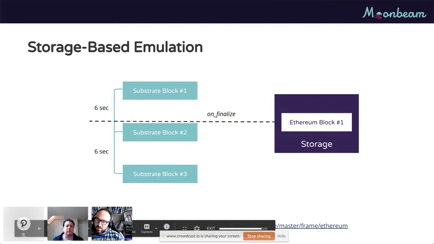At that particular moment, we grab all the pending transactions that happened from block 1 to block 2, and we create and store a structure that follows the Ethereum specification. That's why the Frontier project is now able to query the Substrate storage by, for example, an H160 encoded hash that happens to be the Ethereum hash, and get the expected response, the response they would get in the Ethereum network.